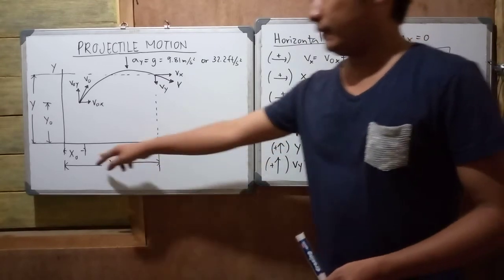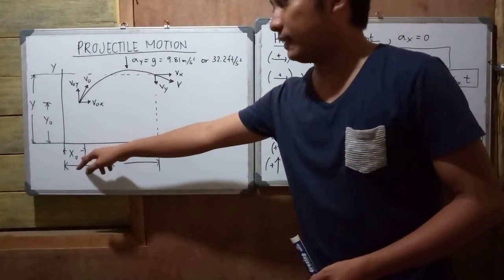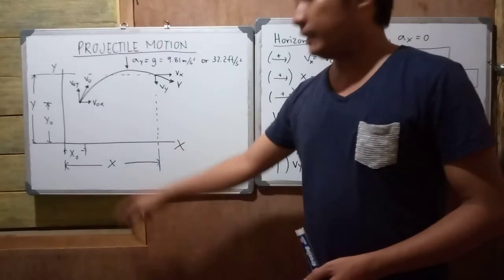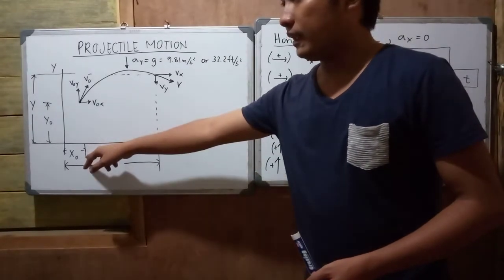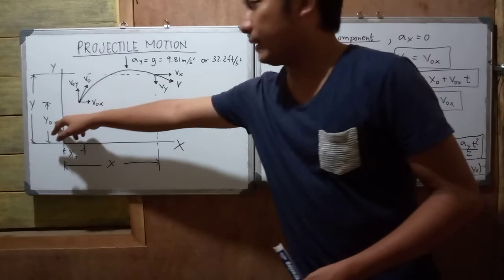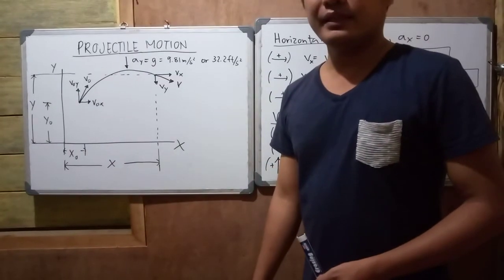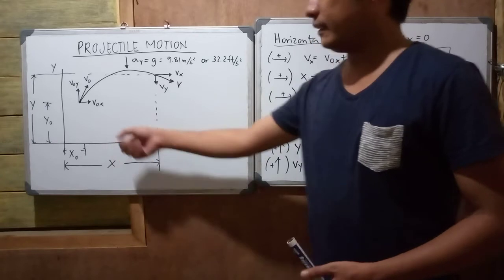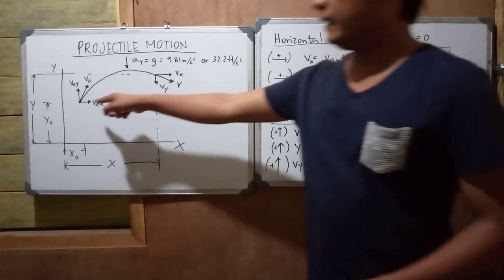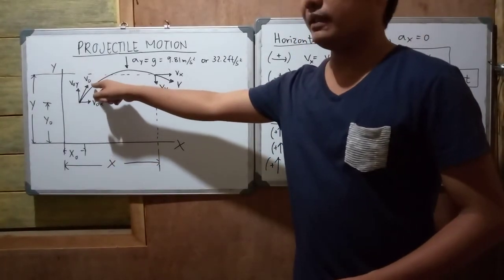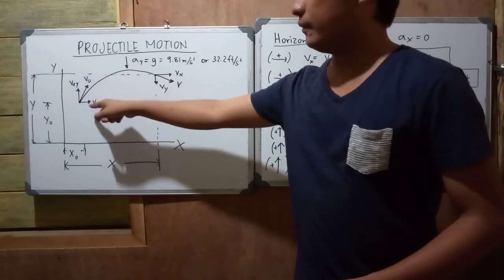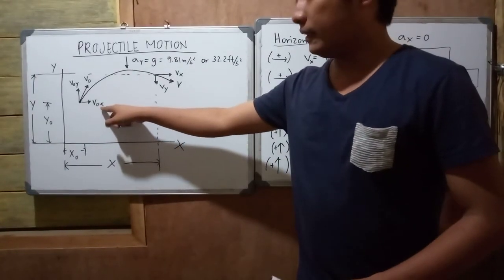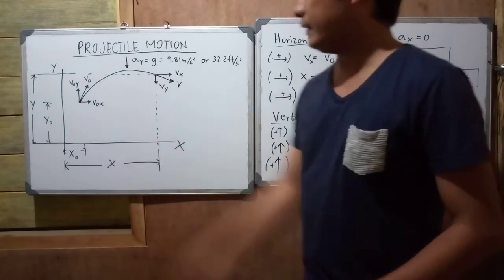Let us consider that your x sub o is your initial position in x-axis, and your y sub o is your initial position in y-axis, respectively. At the beginning, meron kang initial velocity or v sub o, which we can break down into components, vox and voy.